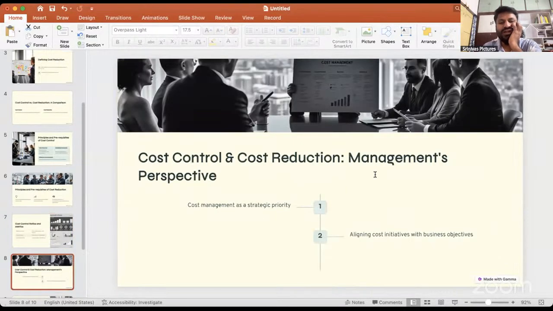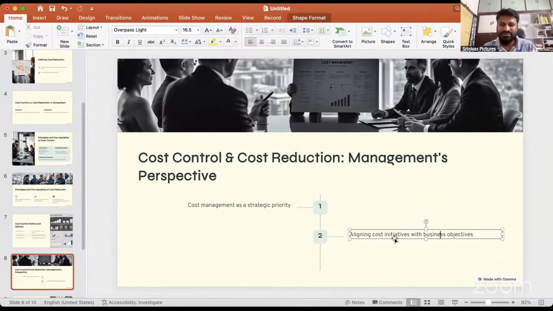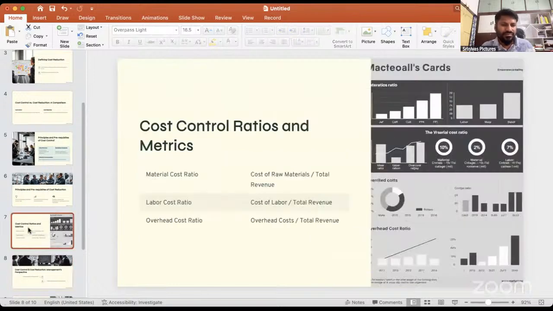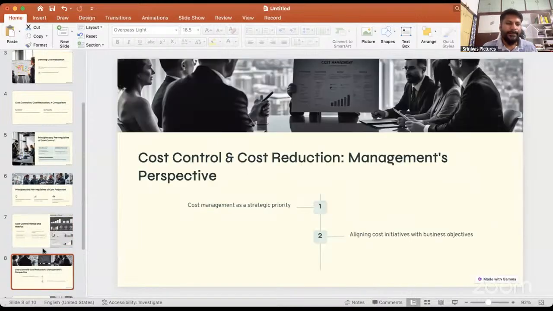And cost control and cost reduction from the management perspective. Cost management as a strategic priority, at the same time aligning the cost initiatives with the business objectives. So that is also a management concern in cost control and cost reduction. Right.